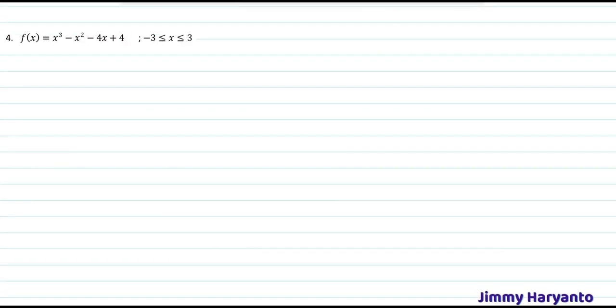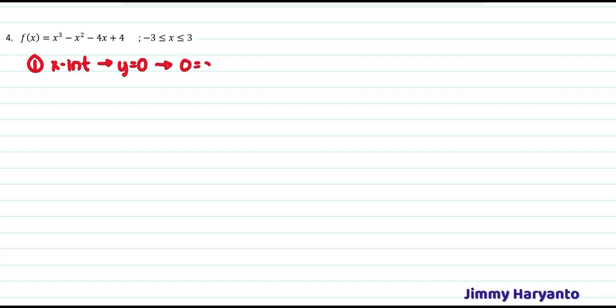I will give you a little bit more example questions in this section because the shapes are different from each other. So for this one we have to find the x-intercept first. X-intercept means y equals 0. That means 0 equals x to the power of 3 minus x to the power of 2 minus 4x plus 4.